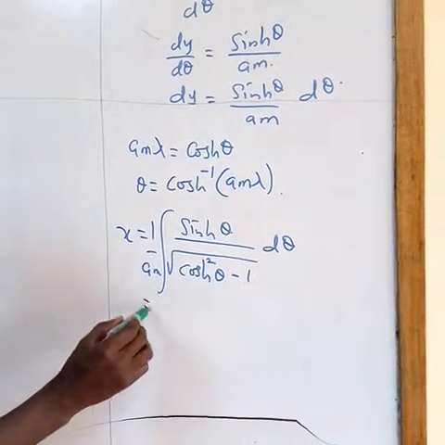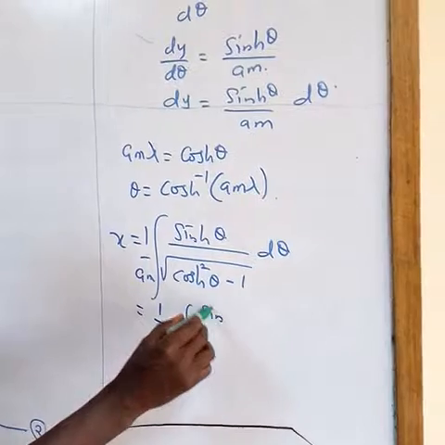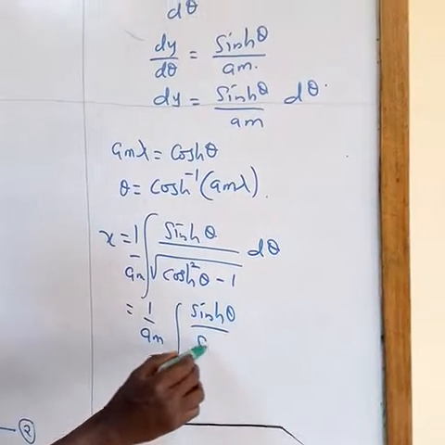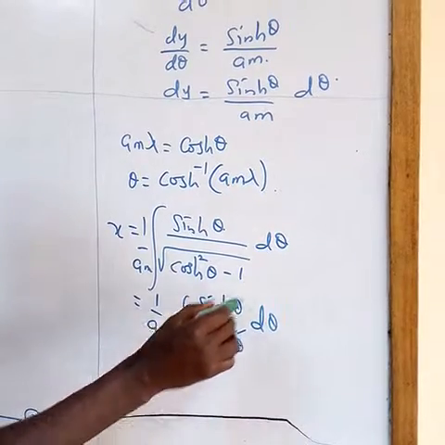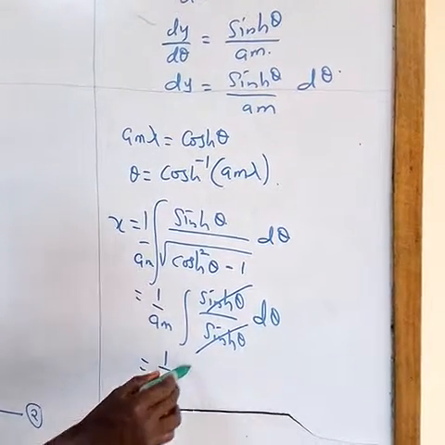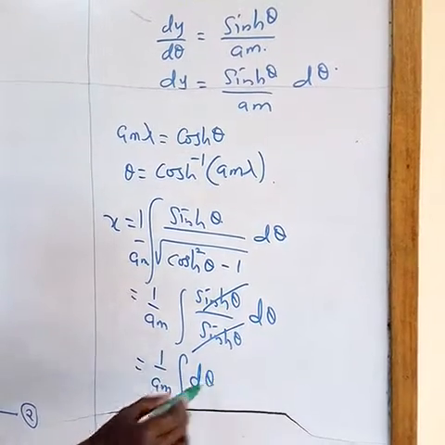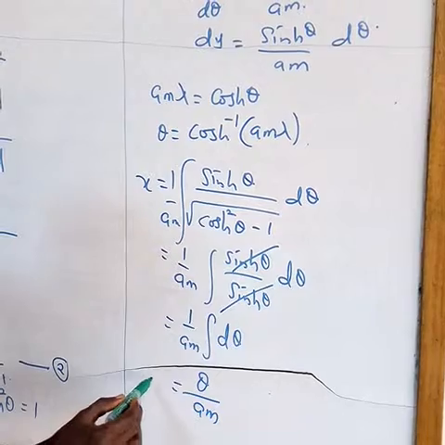So we are going to have this one equal to 1 over am into sine theta over sine theta d theta. So we cancel this one, and we are going to have 1 over am into d theta, which will give us theta over am. That is our x.